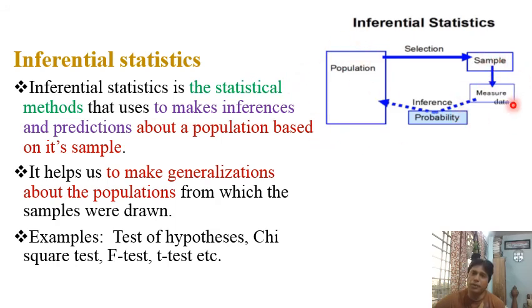From the sample, we decide that these are 20% true or 50% or 90% true. These things are applied to the population. If the sample is 20% true, the population is also 20% true. So decision making about the population based on samples is called inferential statistics.